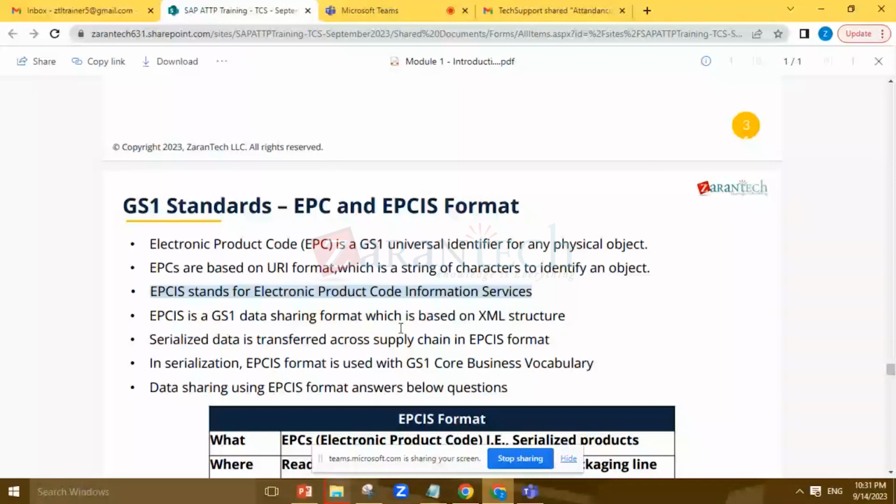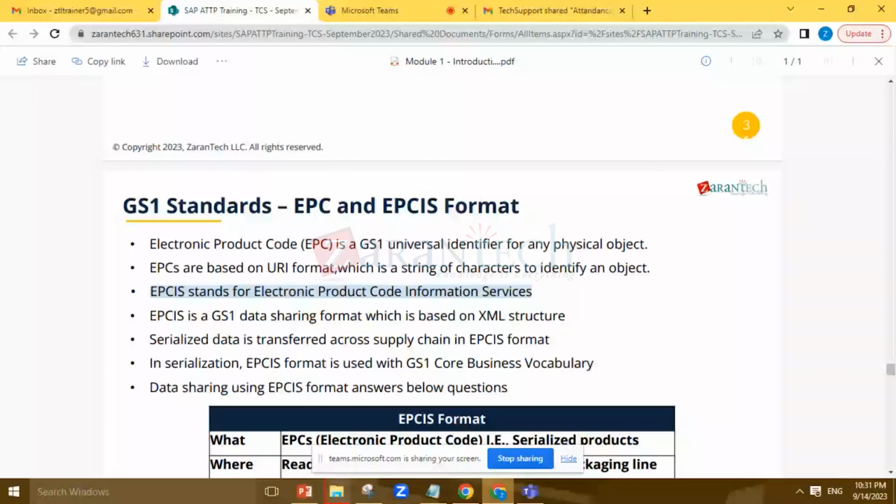Now I want to send this information to my next partner, that I have serialized these 100 bottles. So I have to send it in some format. Since you are from ERP modules, you know the IDOC, right? We usually communicate via IDOCs. But ATTP does not communicate through IDOC, as that is a less efficient way of communicating. So we communicate using XML files.